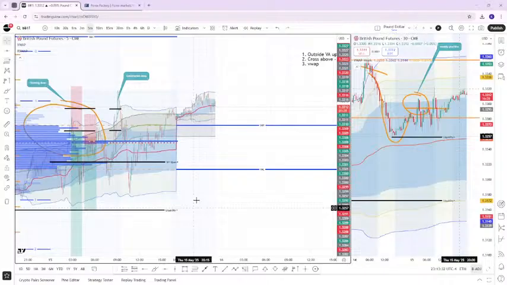I think we are holding that, and we could have a push to the other side of value, something like that. So if we hold imbalance up, that would be a target, which is Wednesday's highs. Keep that in mind. Now let's go on to the monthly.